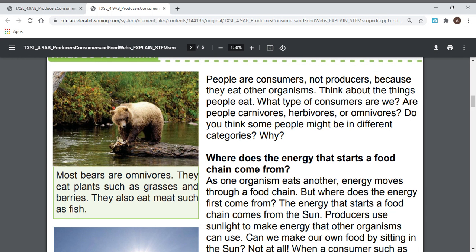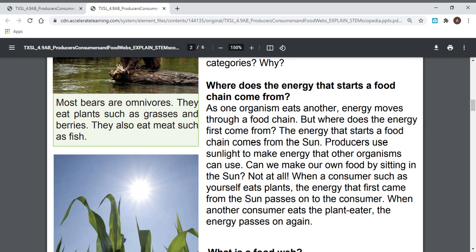We have herbivores, which are just plant-eating animals or consumers. And then we have omnivores that eat both plants and animals. So we really have to think about that. Not every category is the same. So really think about that and reflect on that.